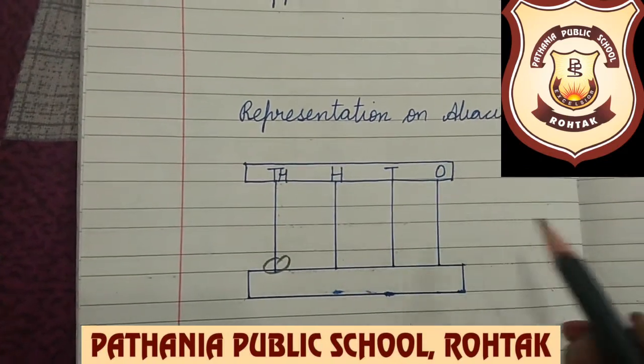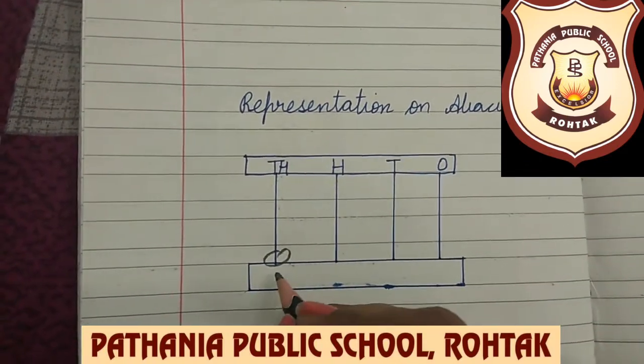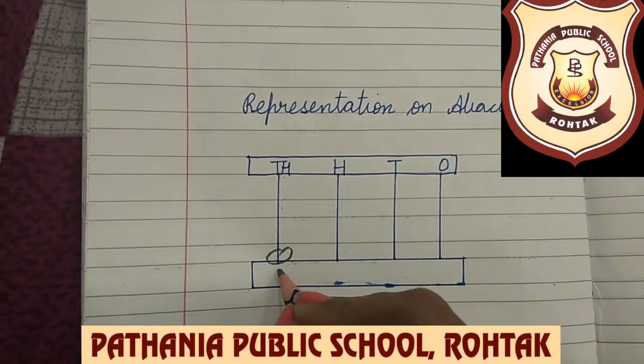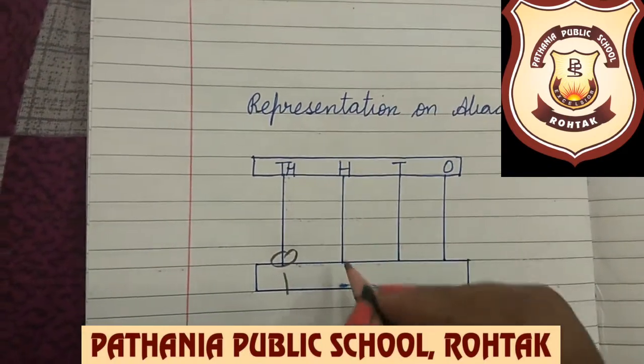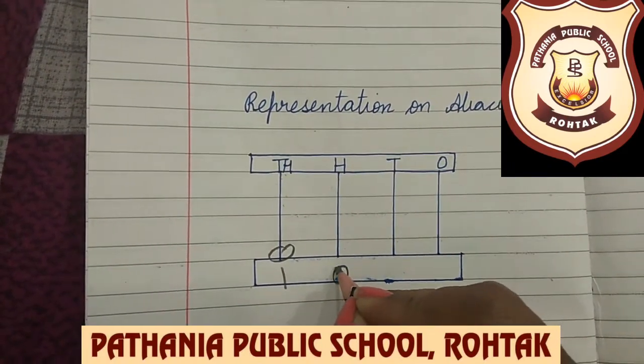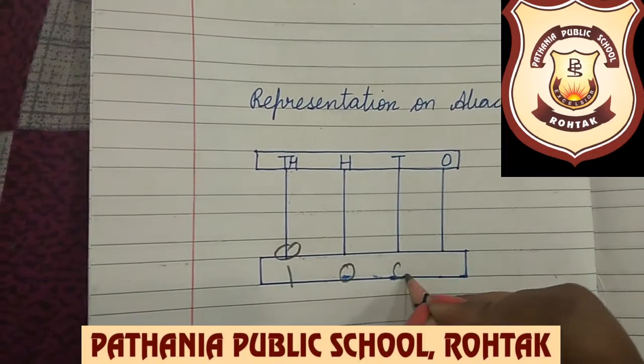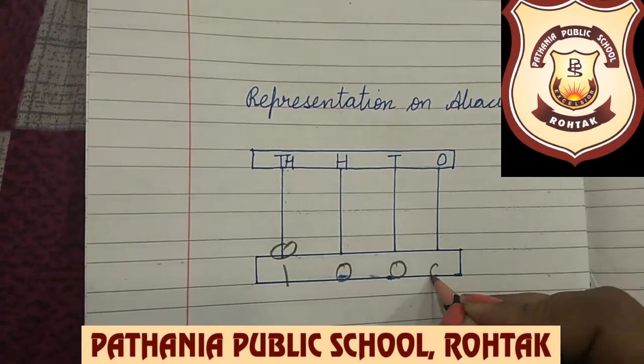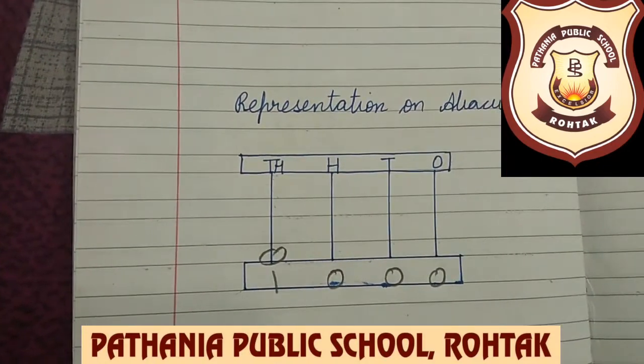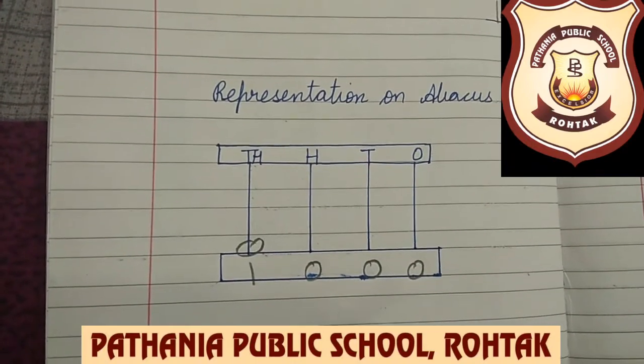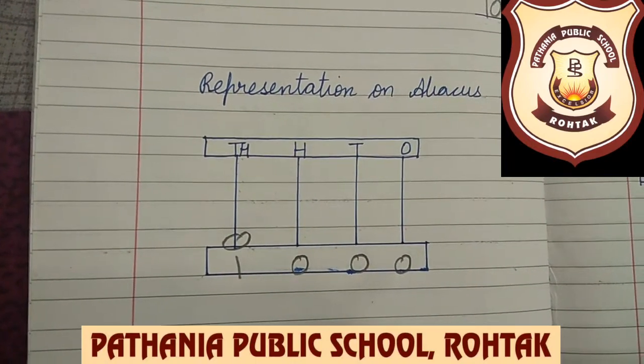By looking at this tool, I can write the number. One bead is there, so I will write 1 here. No bead is there, so I will write 0. Here also 0 and here also 0. In this manner, I have represented 1000 on the abacus.